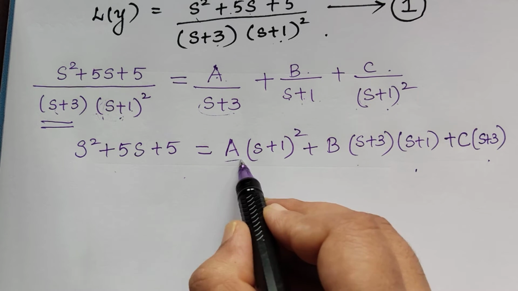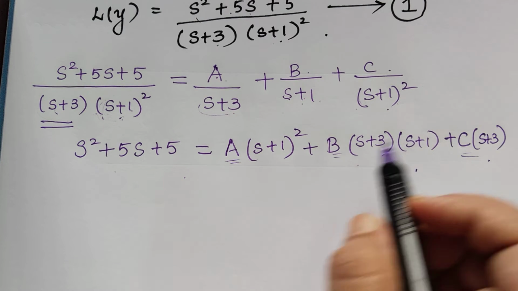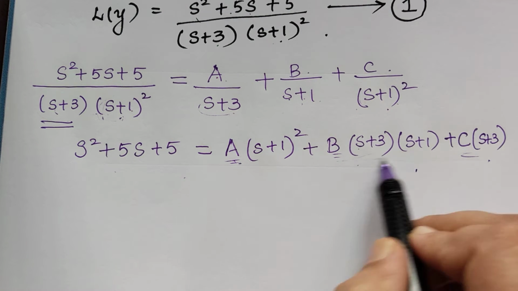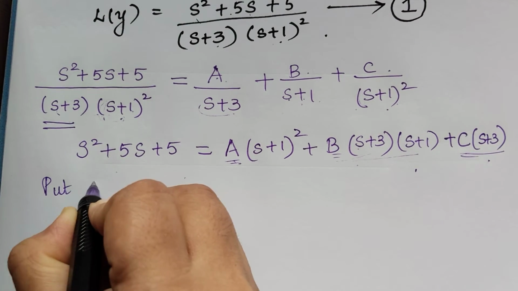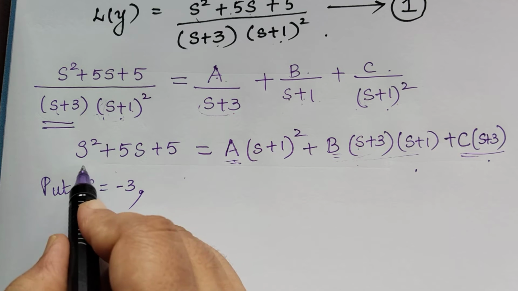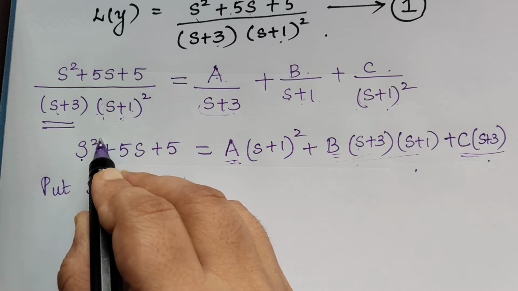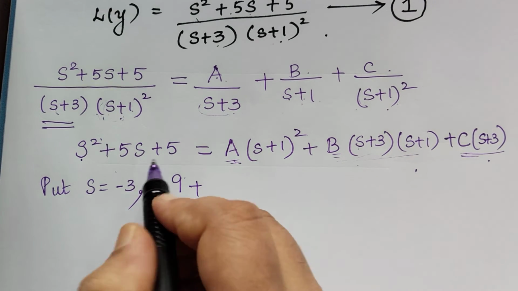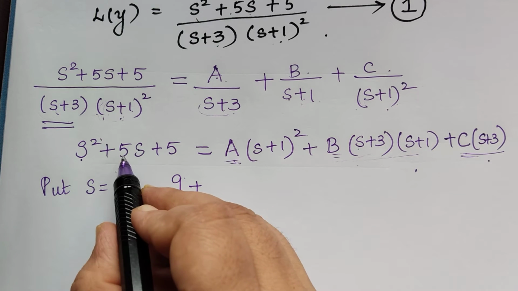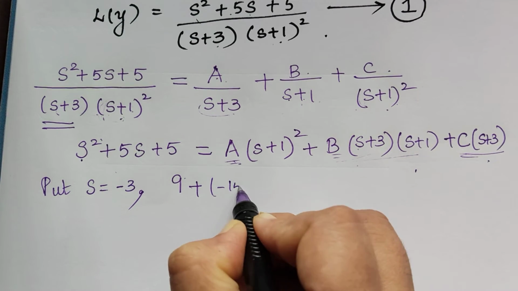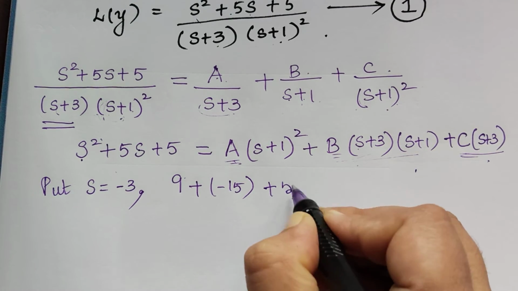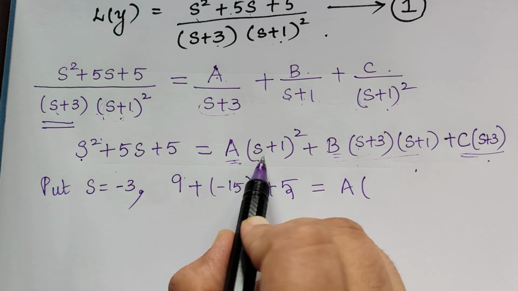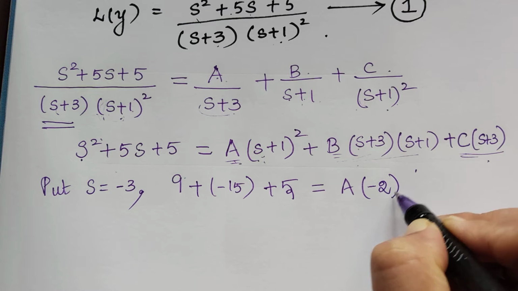Then now we have to find the values of a, b and c. In order to find the value of a, we can put s equal to minus 3 so that these two terms will become 0. So put s equal to minus 3. What about the left hand side? Minus 3 squared: minus into minus will become plus, and 3 squared is 9, plus, here if we substitute minus 3, you get minus 15, and then plus 5, is equal to a multiplied with, if you put s as minus 3, it will be minus 3 plus 1, which is minus 2 the whole square.